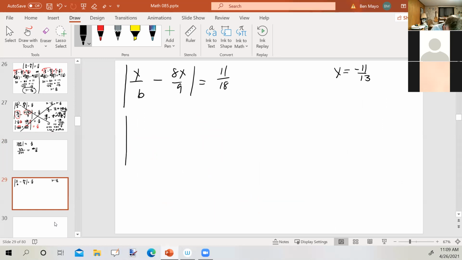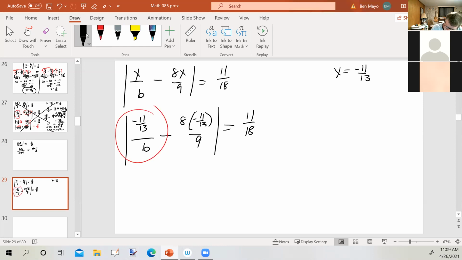So this is going to be negative 11/13 over 6 minus 8 times negative 11/13 over 9 equals 11/18. I'm going to take that, negative 11/13 divided by 6 is negative 11/13 times 1/6, which is negative 11 over 78. That changes everything.